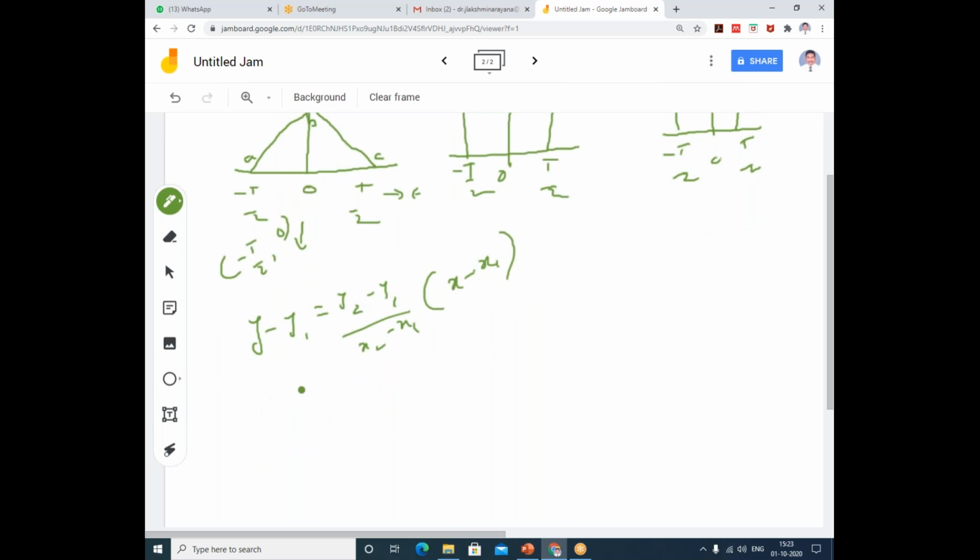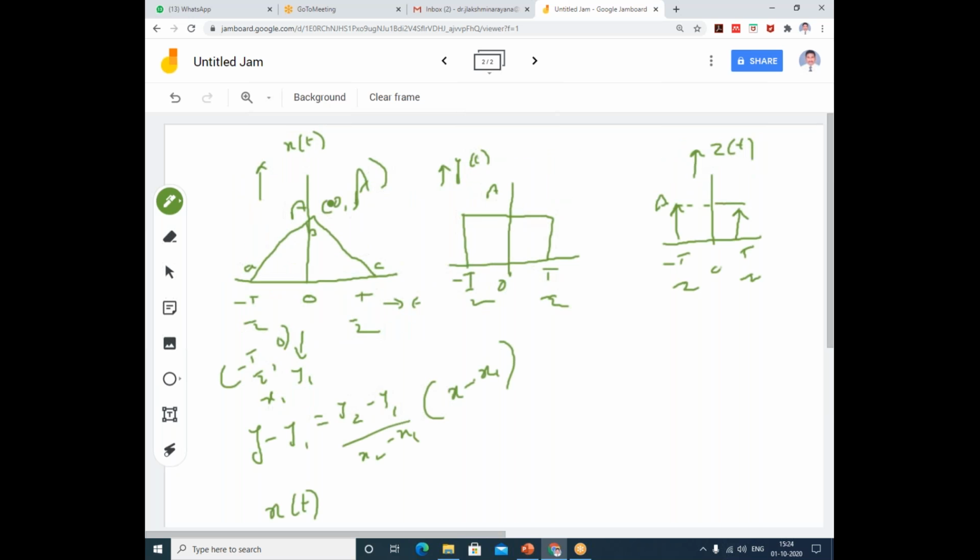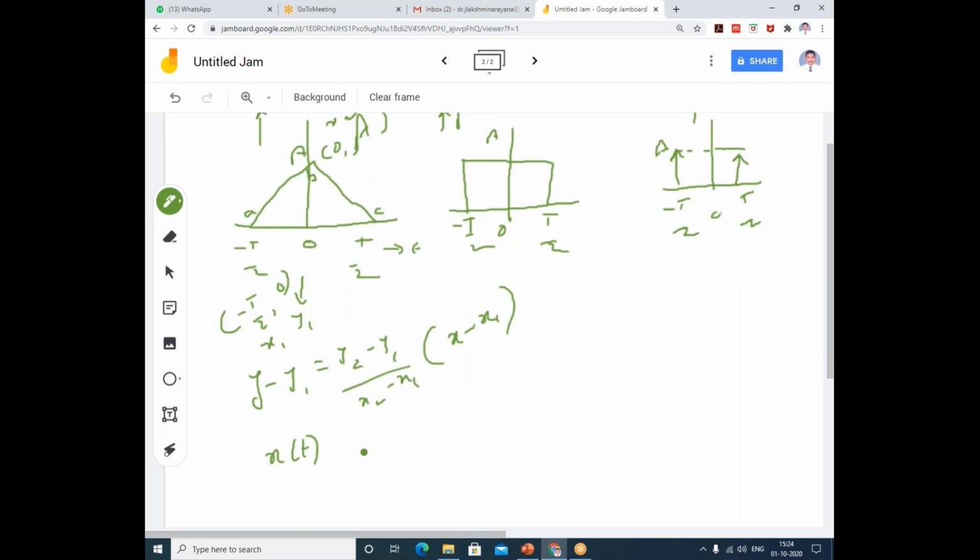Now I can write x of t minus y1, where y1 is 0. If I assume this is x1, y1 and the coordinates here are x2, y2, then y2 minus y1 is A, so x of t equals A by x2 minus x1.